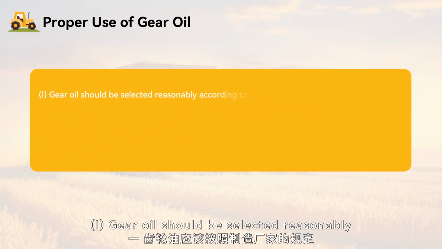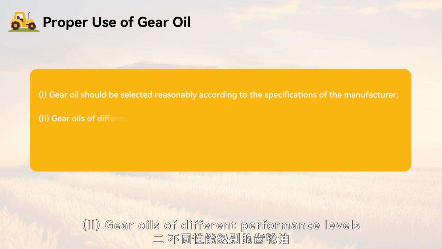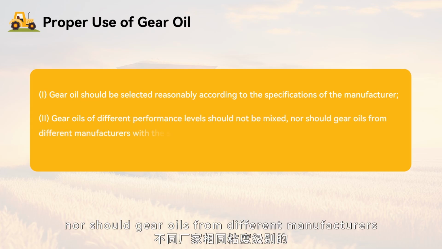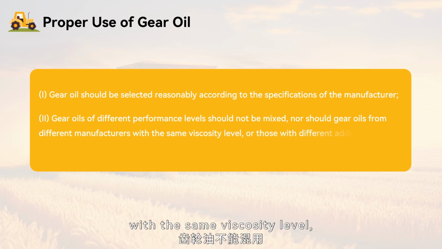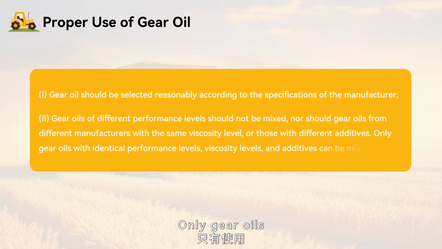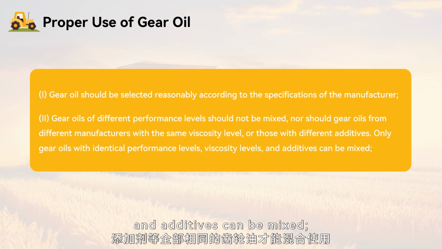Gear oil should be selected reasonably according to the specifications of the manufacturer. 2. Gear oils of different performance levels should not be mixed, nor should gear oils from different manufacturers with the same viscosity level, or those with different additives. Only gear oils with identical performance levels, viscosity levels, and additives can be mixed.